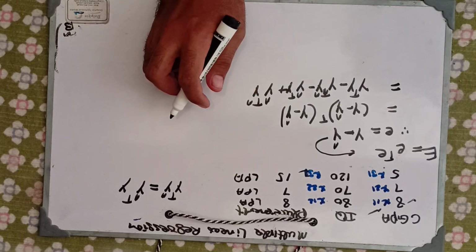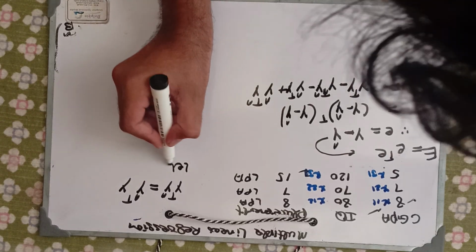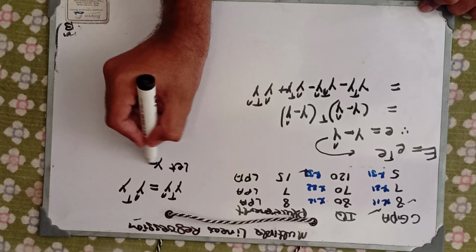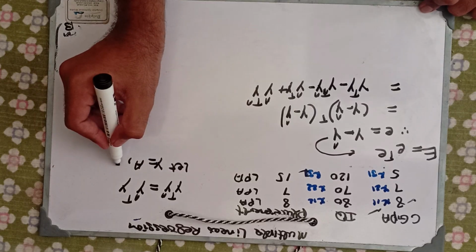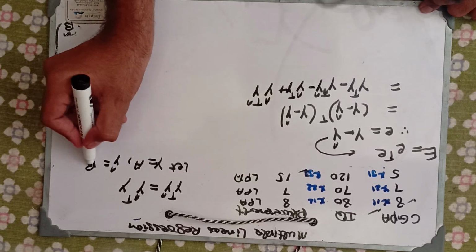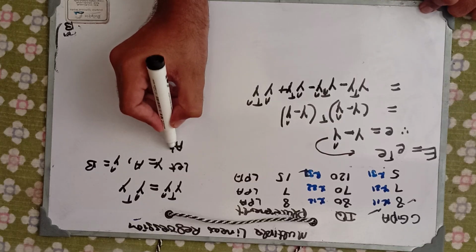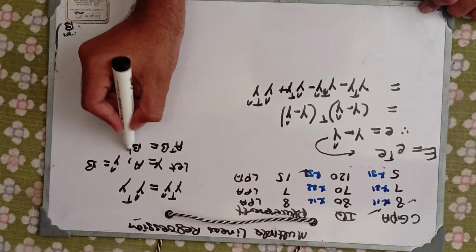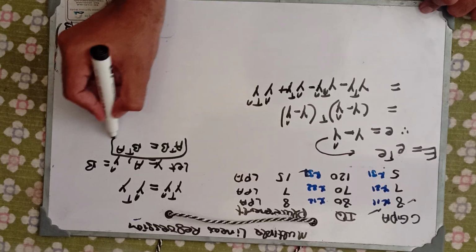We need to prove this. So let y equal a and y hat equal b. Then the equation will be a transpose b equals b transpose a. Our goal is to prove this equation.